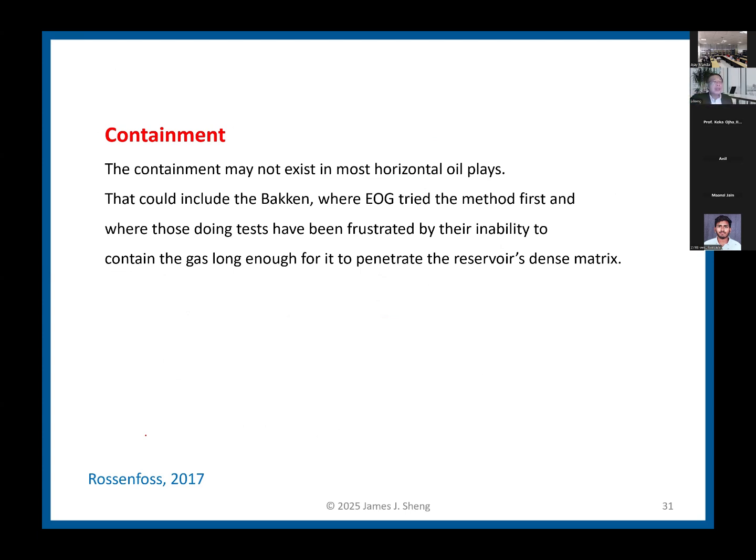That's containment, instead of breakthrough far away from injection wells, or breakthrough to the neighbor wells. What I found is containment may exist in most horizontal well plays. Okay, so in other words, if you want good performance, you need to have better containment.